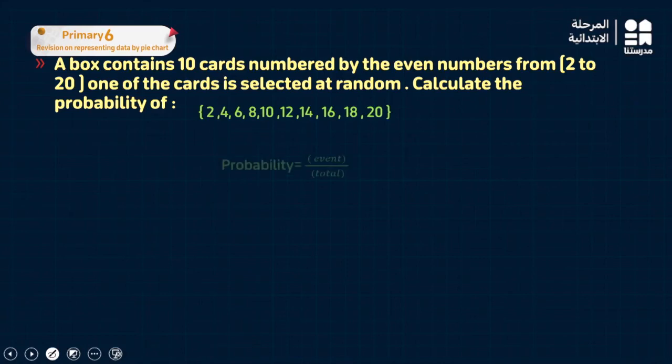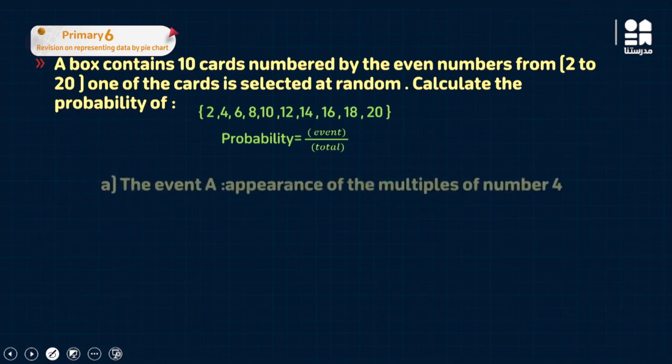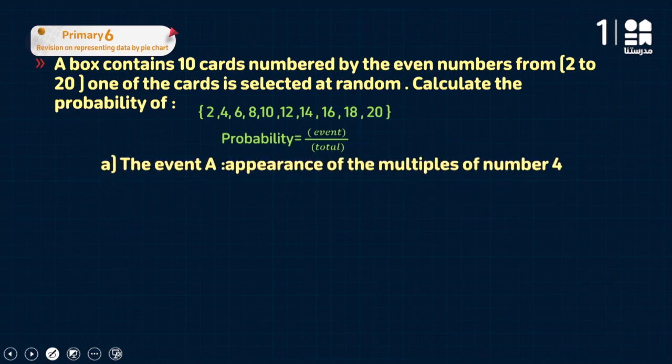It says find the probability. Remember the rule of probability: the event divided by the total. The first event it asks for is the event A, appearance of the multiples of number 4. What are the multiples of number 4 here? Multiples of 4 can be divided by 4 or obtained by multiplying by 4. So 4, 8, 12, 16 and 20, of course.